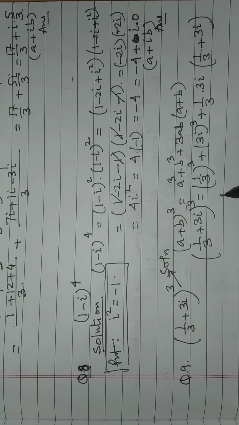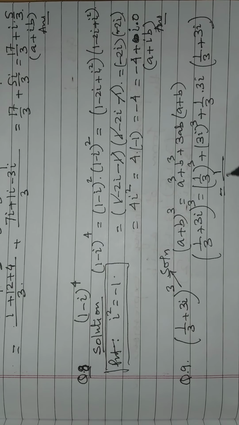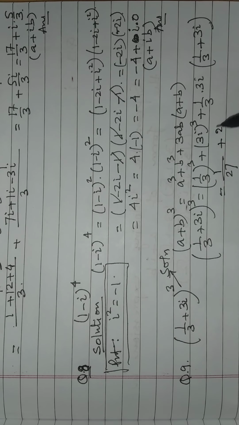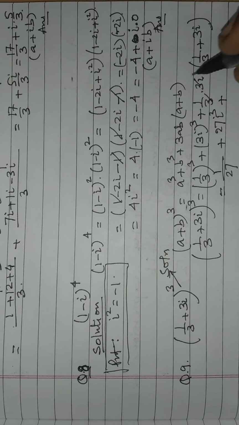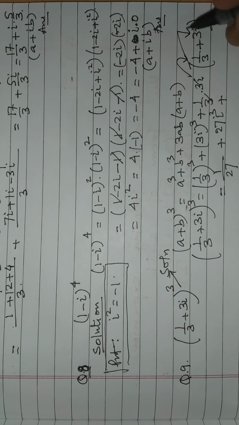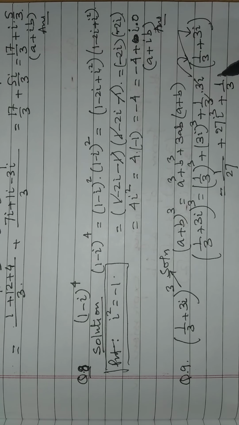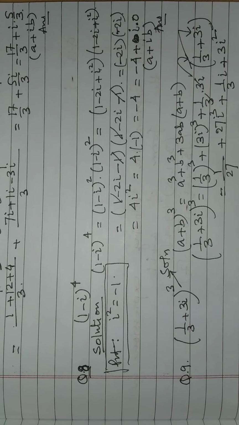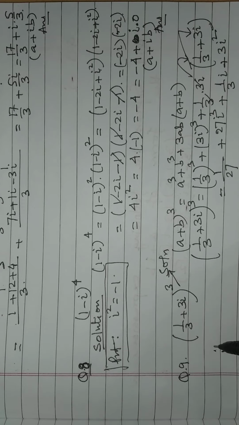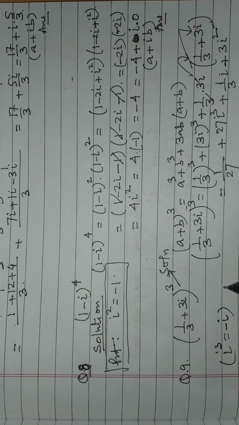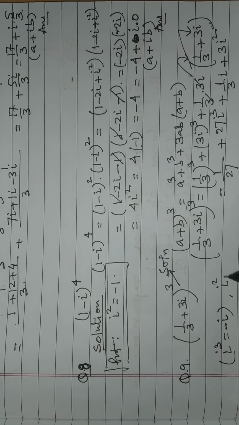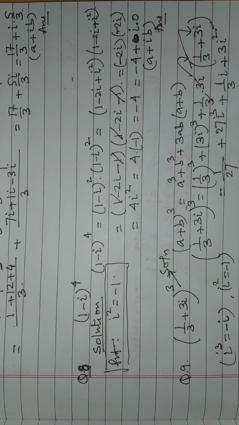So now 1/3 cubed: 3 threes are 9, 9 threes are 27, so it is 27i cube, and the 3 will cancel, so only i is left, multiplied with this i, so it is 1/3 i, and then 3 into i square. As we know, i cube is equal to minus i and i square is equal to minus 1, so we will substitute over here.